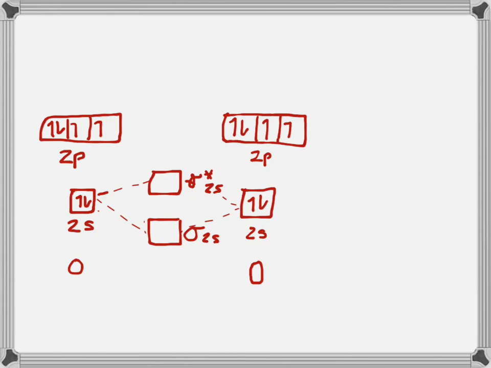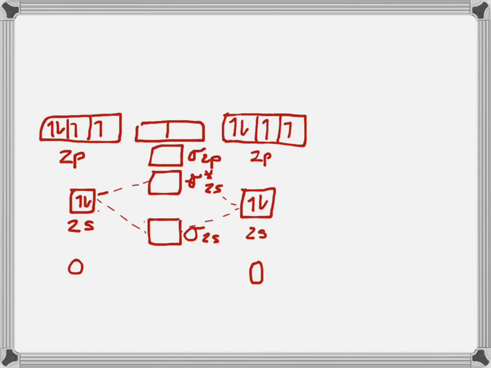And then these pi orbitals, remember, one p orbital from each will overlap end to end in a sigma bond. And that's going to be the lowest. So this is sigma 2p. And then we're going to have 2 that are pi 2p.